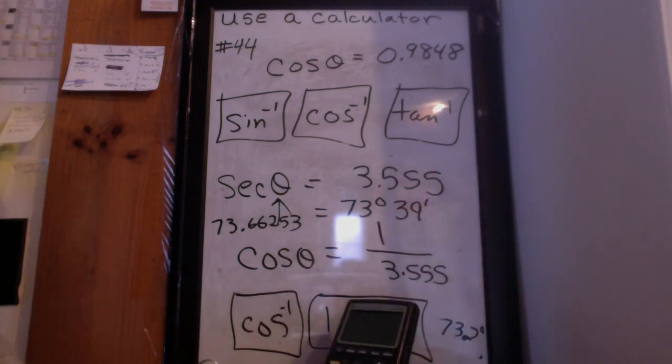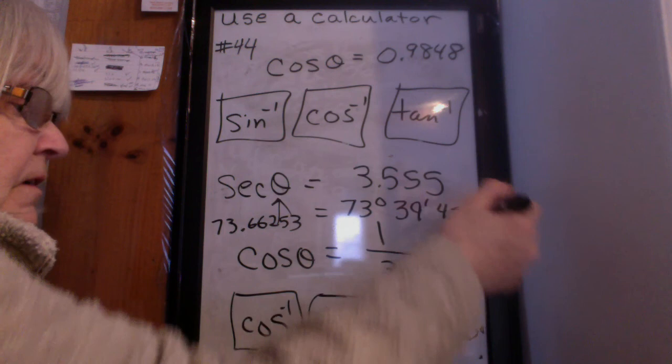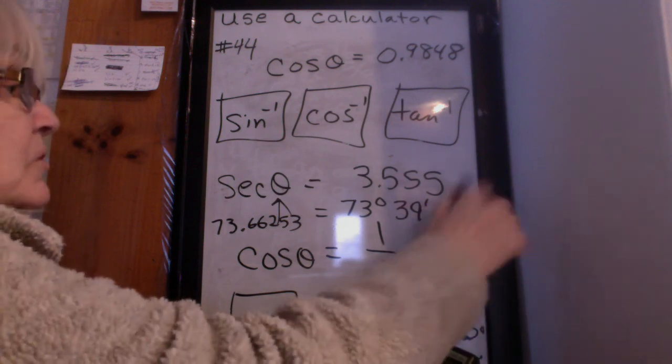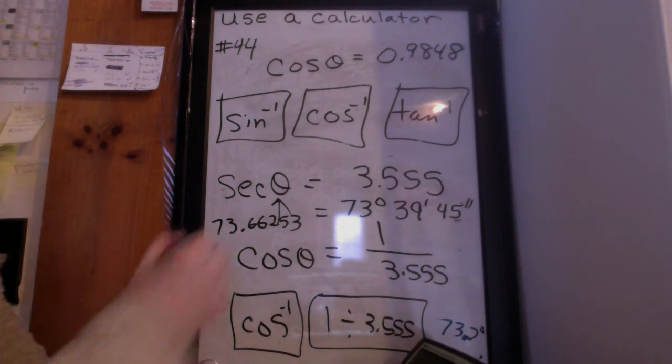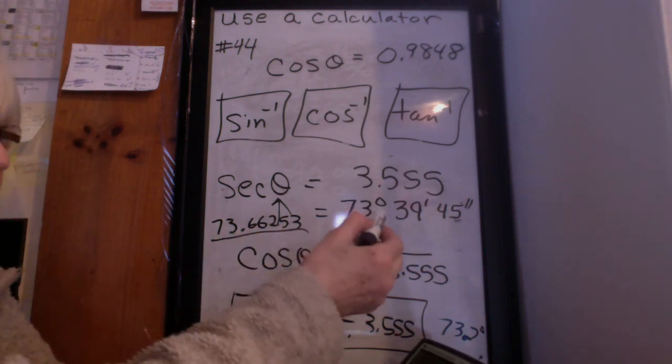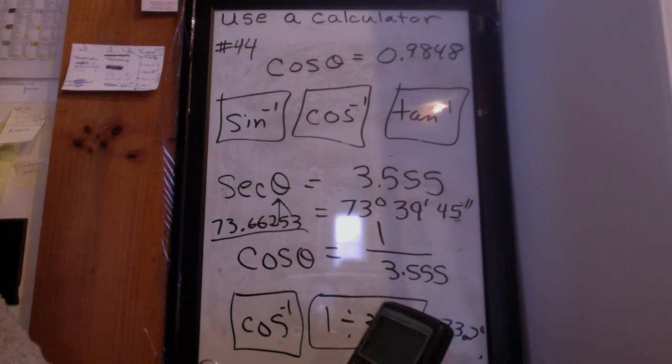Now I'm going to subtract the 39, hit enter, I got 0.75, times it by 60, and I get 45, so it rounds to 45 seconds. And that's how to change this decimal number into degrees, minutes and seconds. Of course, we did that before, so you should be able to do that. It's kind of a no-brainer, but make sure you can do both. All right, good luck with the homework.